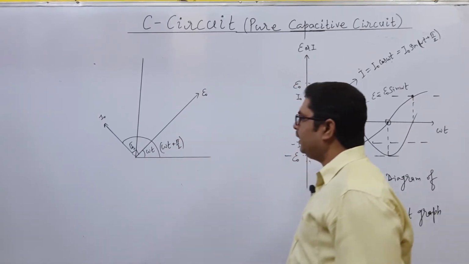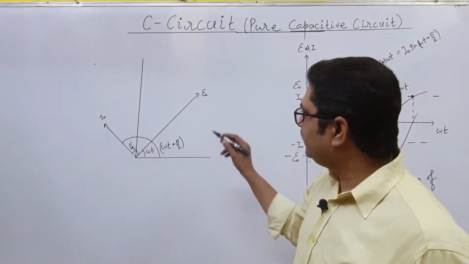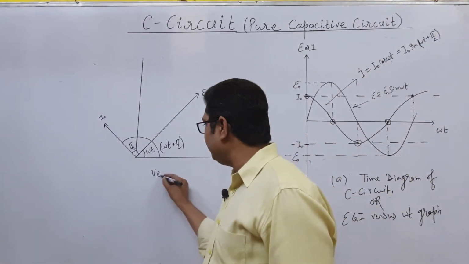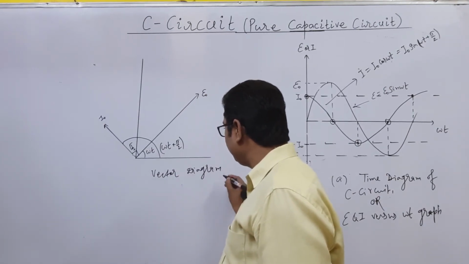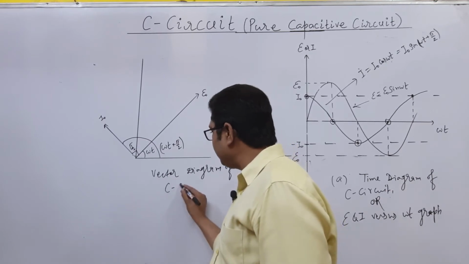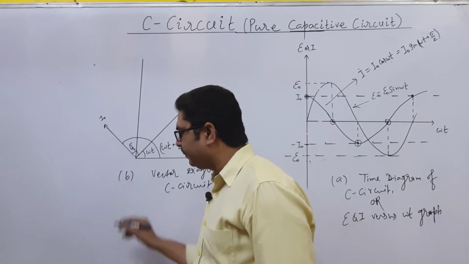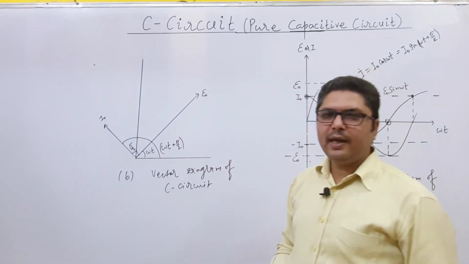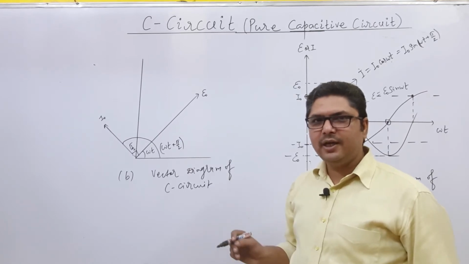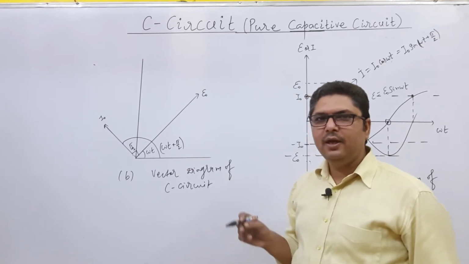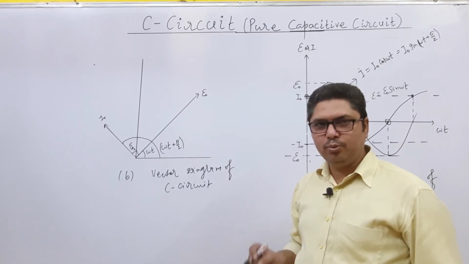This is said to be the vector diagram of the C circuit. Let this be figure B. Now you have seen the timing diagram and vector diagram of the C circuit, and in the C circuit I have also explained that current leads EMF by pi by 2.